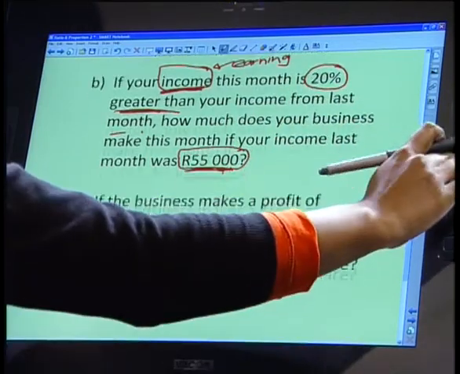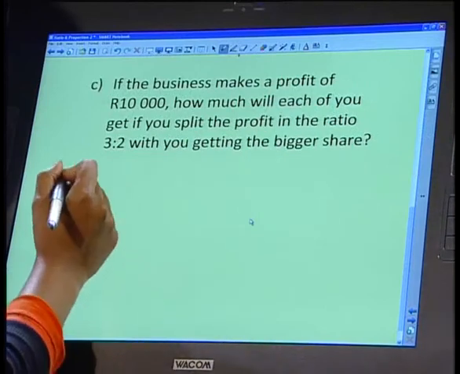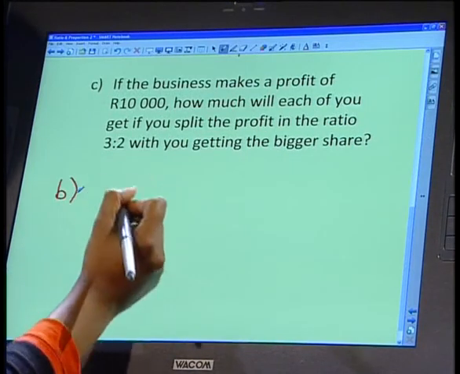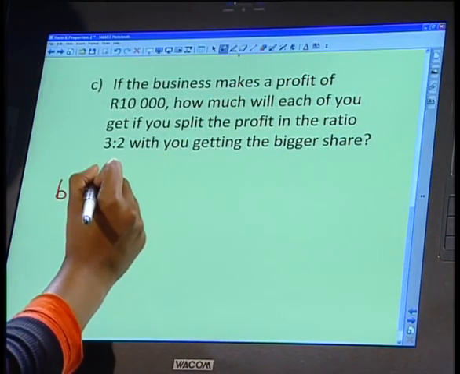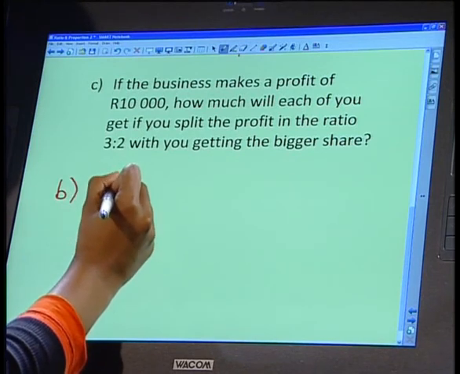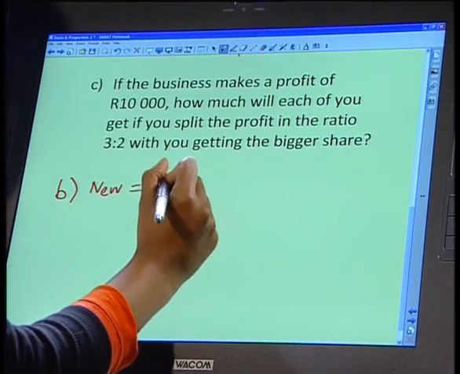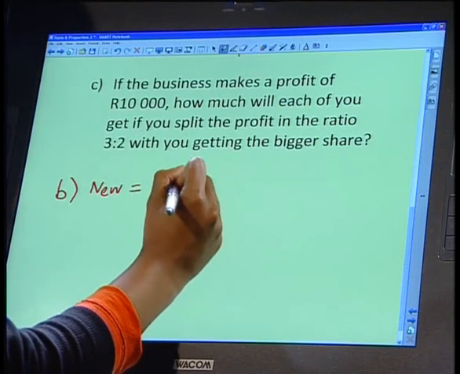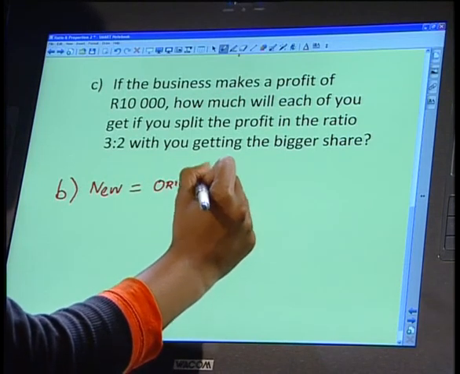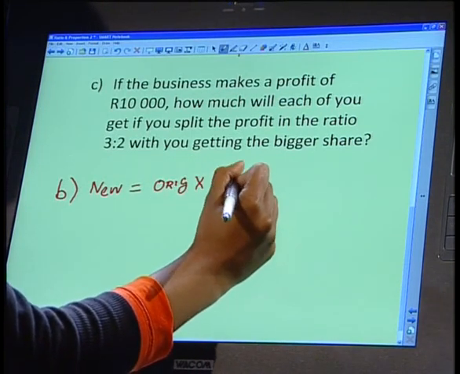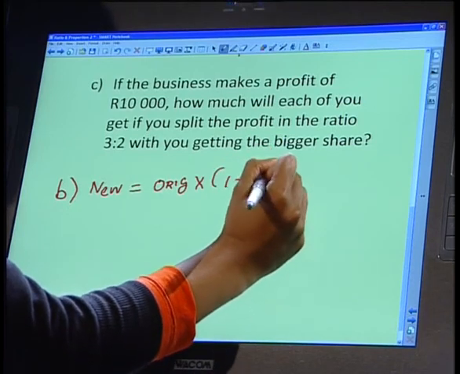All you have to remember here is how to increase by a given percentage. So to increase, to get your new amount, you take your original amount and we times that by 1 plus your percentage over 100.